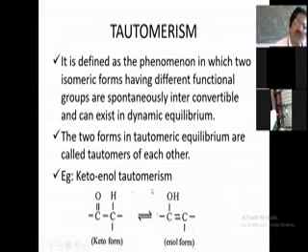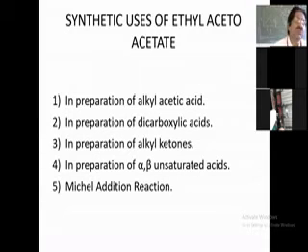So that is called keto-enol tautomerism, where the isomers are spontaneously interconvertible and remain in dynamic equilibrium. Such a phenomenon is called tautomerism. As I said, it is asked only once for 2 marks.